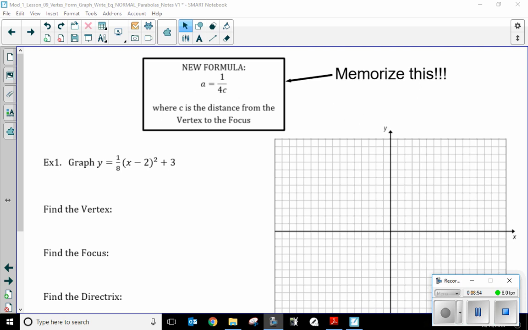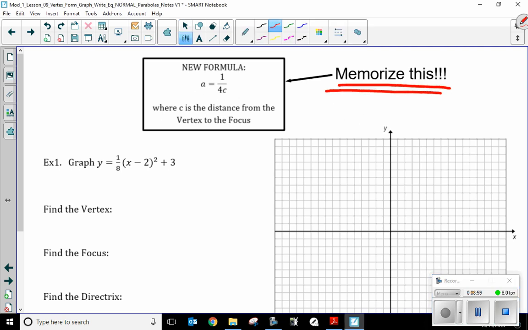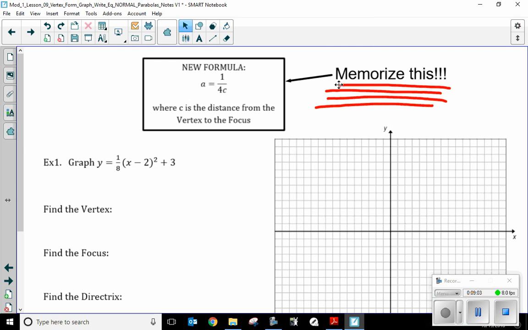I mean, it's easy when you get comfortable with this, and I say, memorize this. This will make life easier. The more you use it, the better it will be. But the second method, the way I used to teach this, was a lot harder. It was a lot more work. This is a lot less work, and I really like this method.